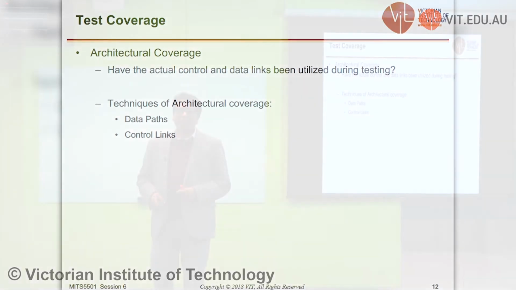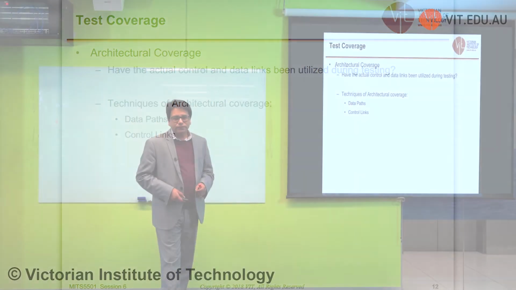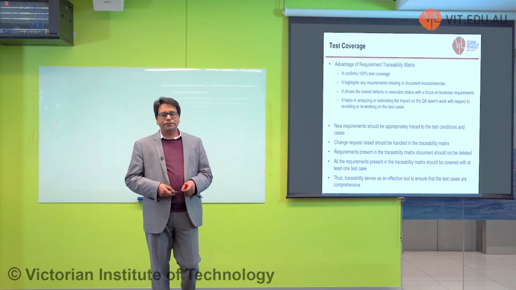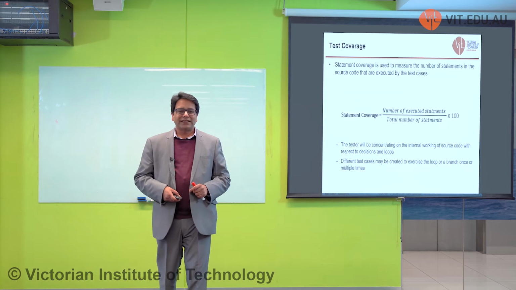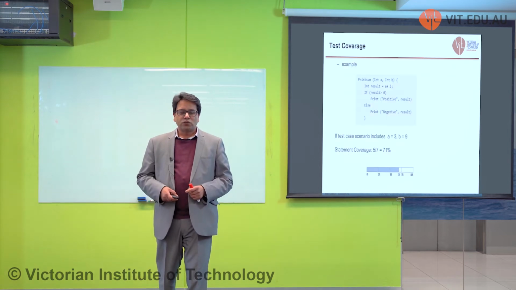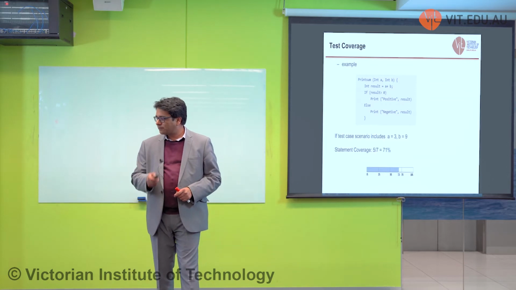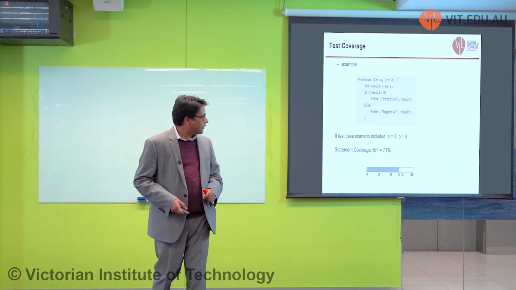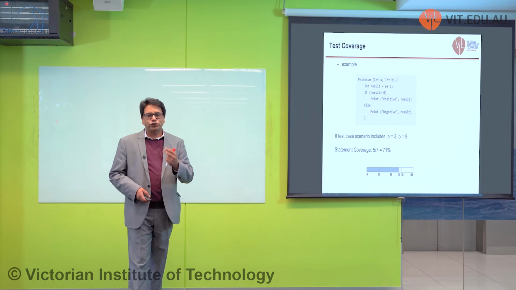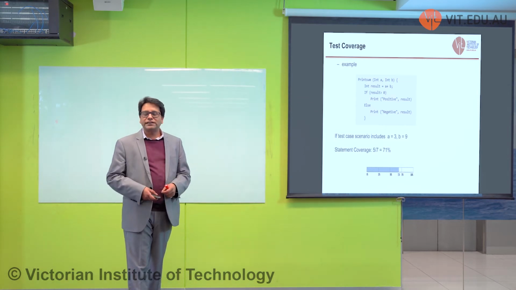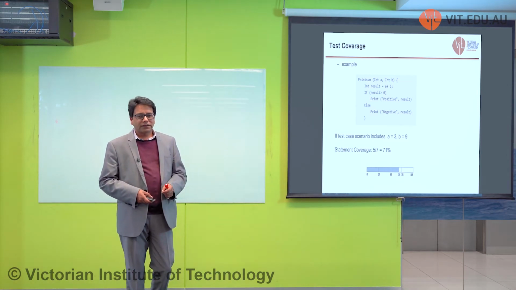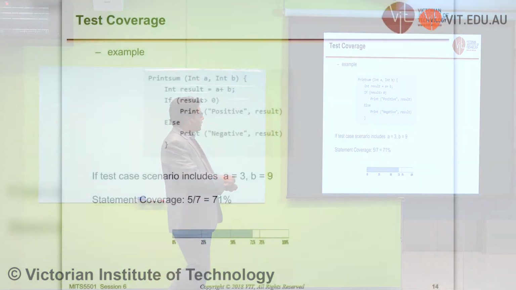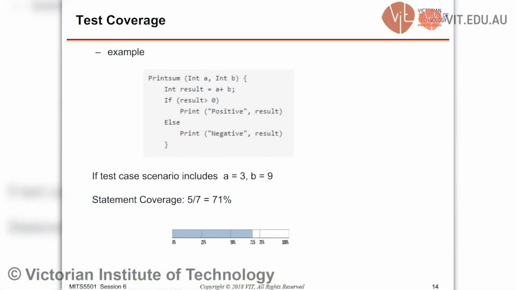Now let's see an example where we would see what is the percentage of that small program that a test case would cover. In this simple example, we are adding two numbers. Well, it looks like a simple program. So I'll write this program here on the board and number the lines so that it's easy to understand how we are calculating the percentages.